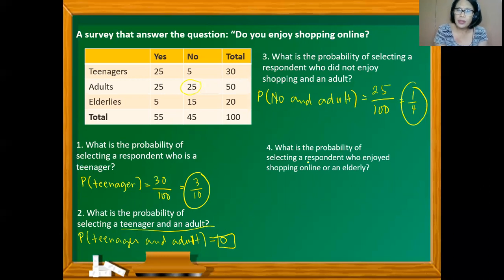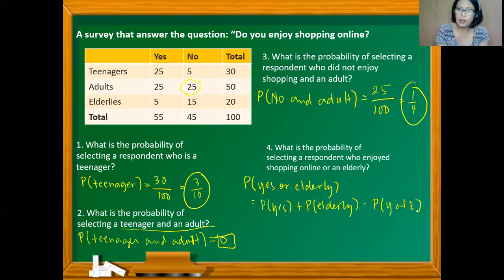Now, what is the probability of selecting a respondent who enjoyed shopping online or an elderly? So this is the probability of yes or elderly. This is the probability of selecting a respondent who enjoyed plus the probability of selecting a respondent who is an elderly, minus their joint probability, yes and elderly.